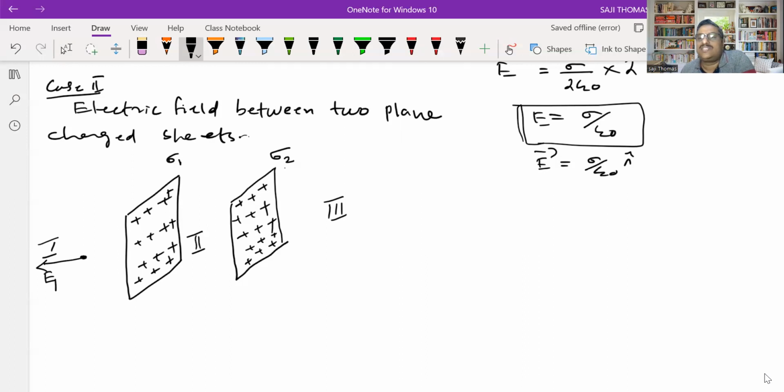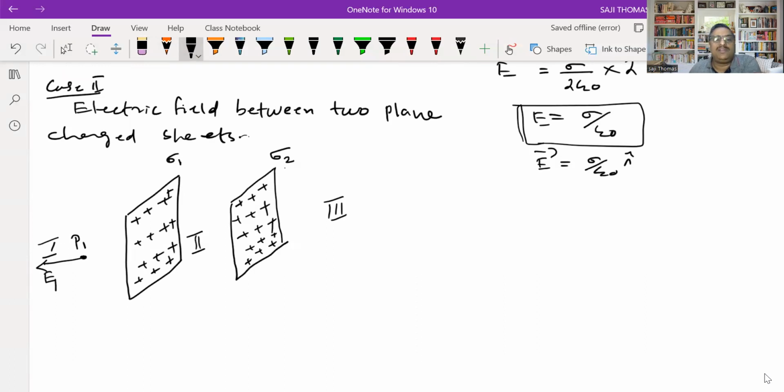That is directed towards left because electric field is away from positive charge due to the first sheet. So in the same way, the second sheet also has electric field intensity at this point. Say this left side point you take as P1.